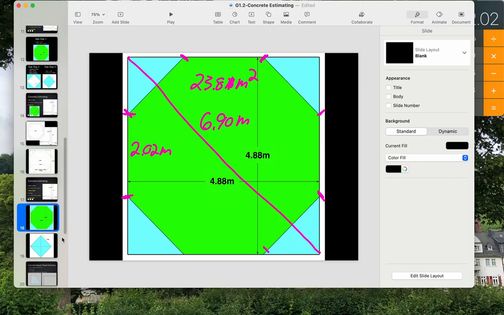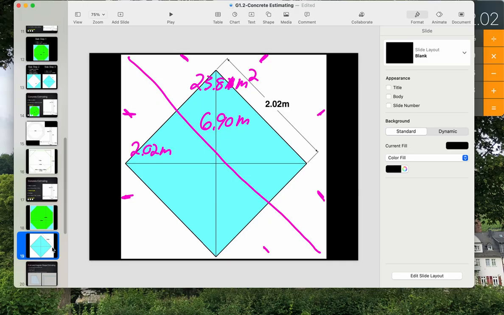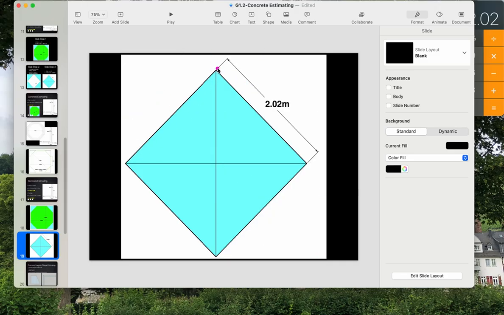So basically, in effect, what that gives us, when we combine all that, if we combine all 4 corners, it creates this square. So all we need to do is 2.02 times 2.02. And that's just our area. Again, area equals length times width. So this is our length and our width. And we're going to subtract that off of our total.